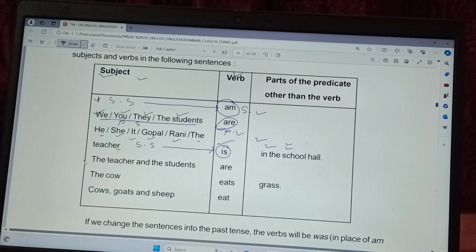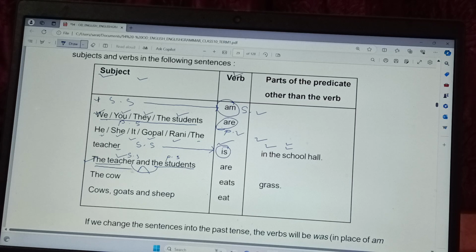Now see that, guys, the teacher and the students. The teacher is a singular subject and the students is the plural subject, guys. So the two subjects can be connected with the coordinating conjunction and.